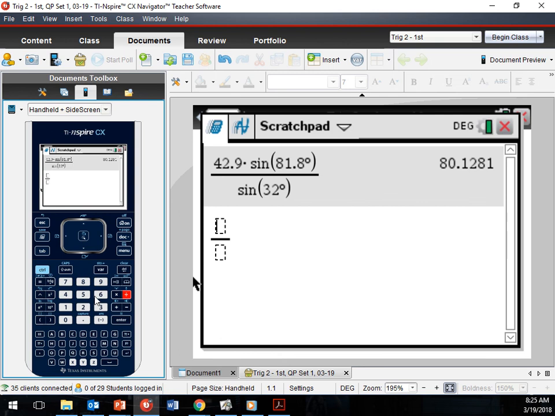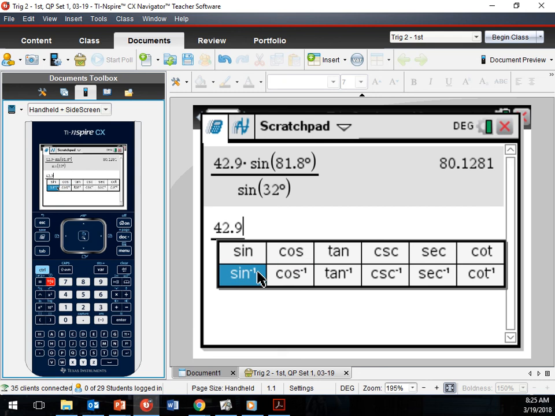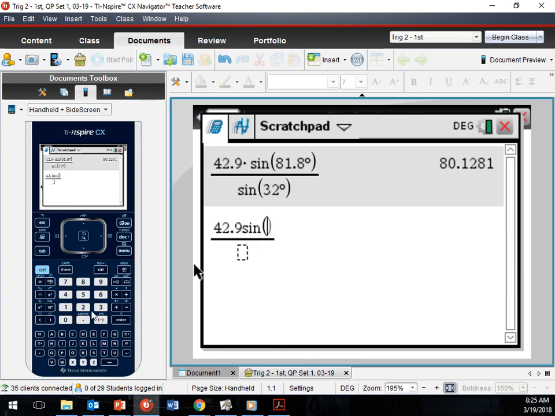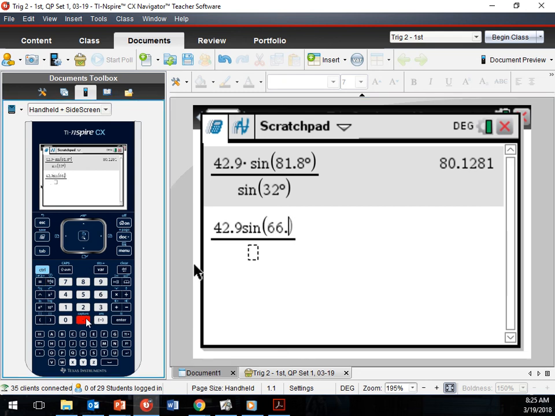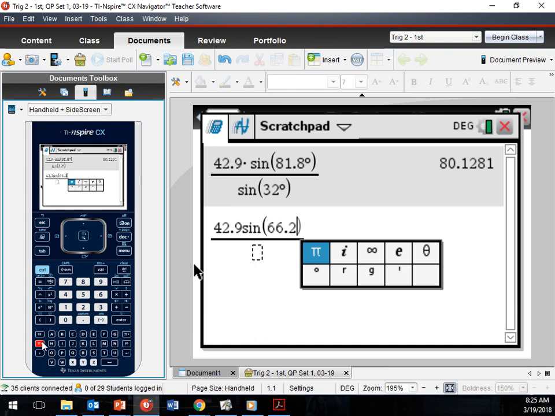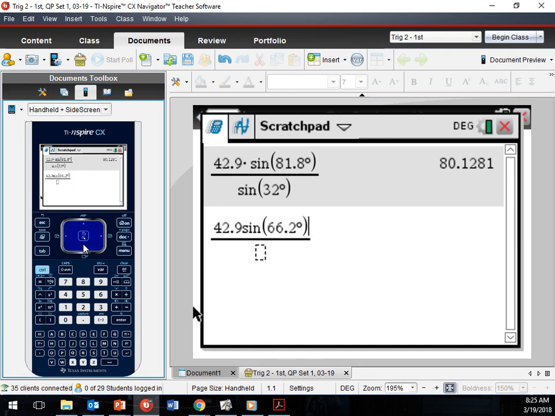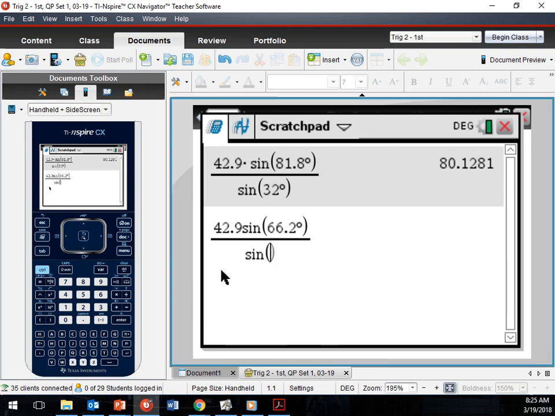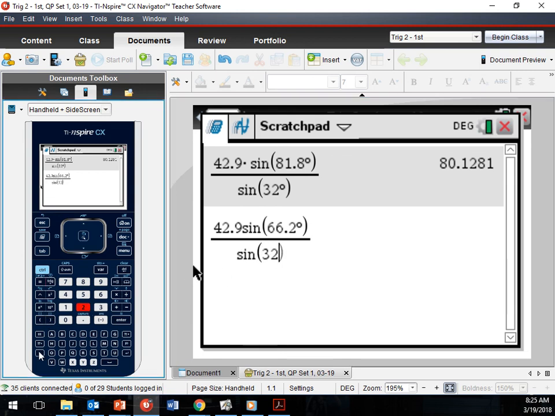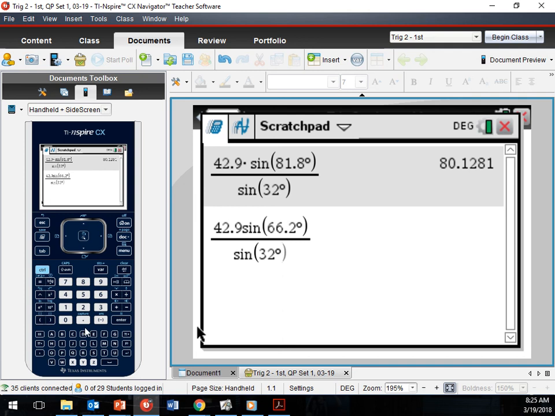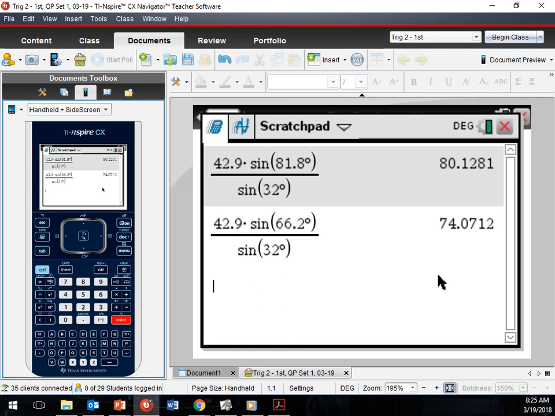So it was 42.9 times sine of, was it 66.2? Yeah. Okay. Close over sine 32 degrees. So we get 74.1.